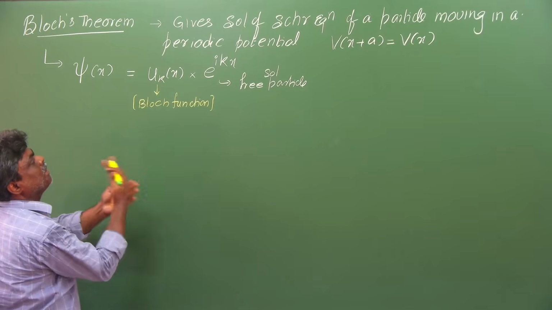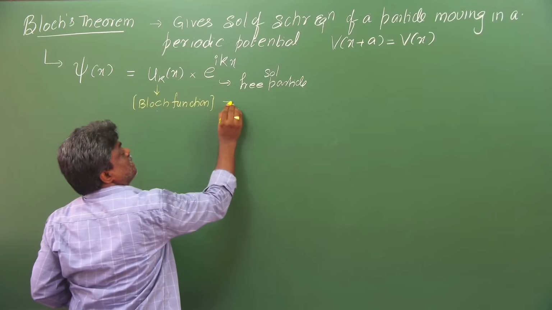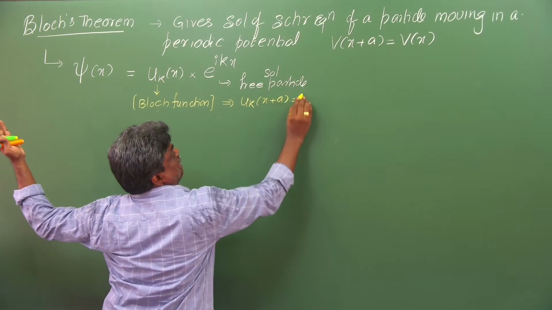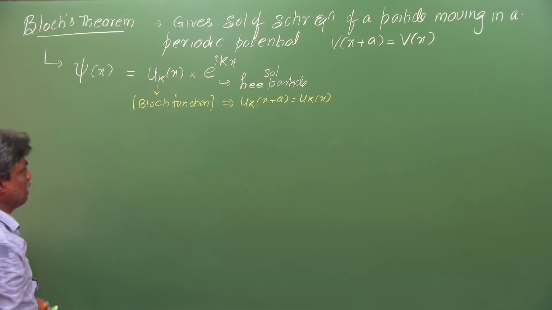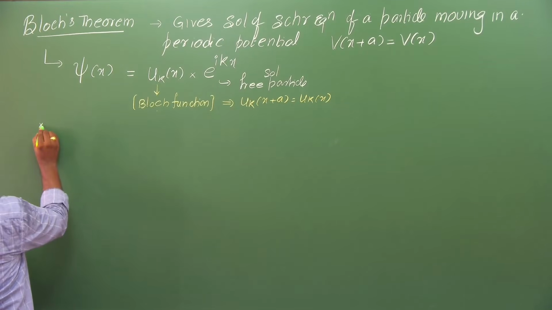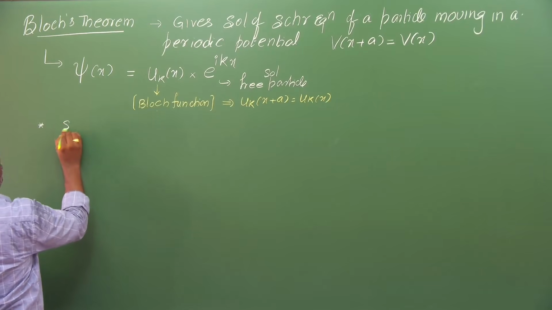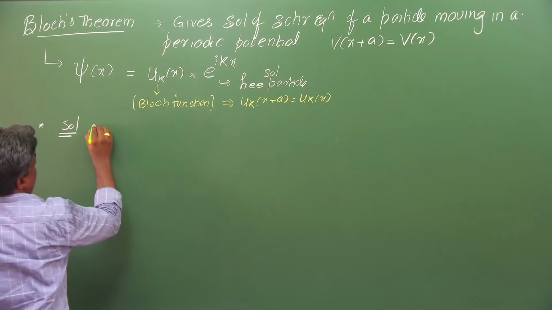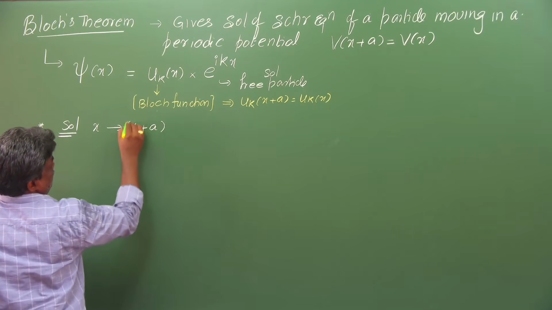Sir, where have you introduced that periodicity? This Bloch function has the periodicity: u_k(x plus a) equals u_k(x). Is it clear? Now see. For example, I would like to find the solution after a periodicity a, that means x tends to x plus a.